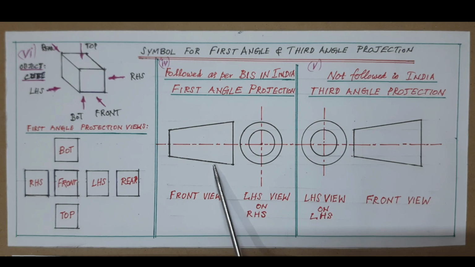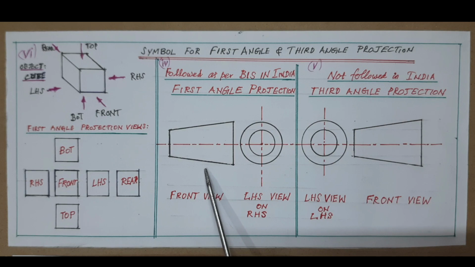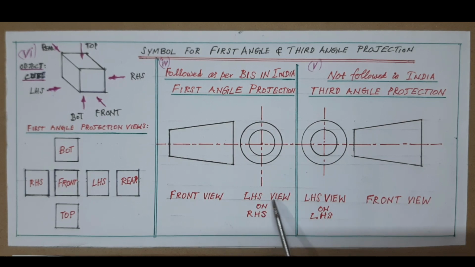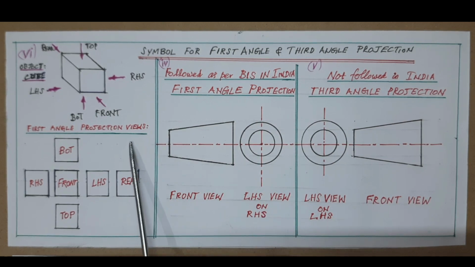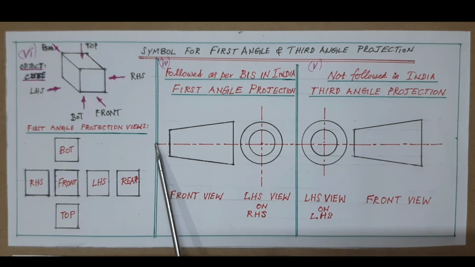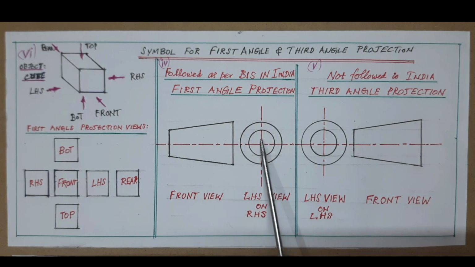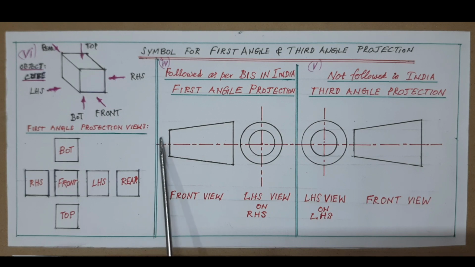In these two drawings there is no difference with respect to the front view. But while drawing the left hand side or right hand side views, only then do these two angles of projection differ. For example, in first angle projection, viewing the object from the left side is called the left hand side view, and viewing from the right side is called the right hand side view. Here the left hand side view is taken, and that drawing is drawn on the right hand side.